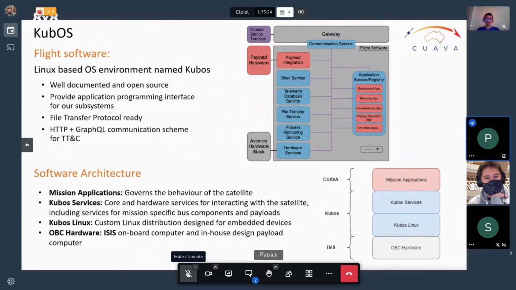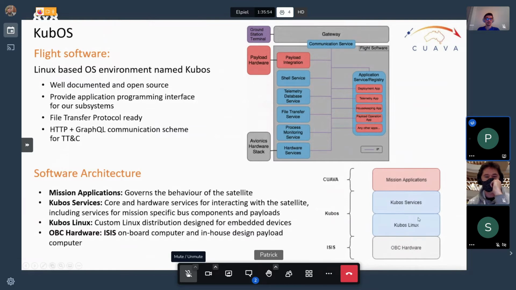The software architecture is built in a way that we wrote our mission applications. They're made by us. The core services to interact with the satellite are built by KubOS on top of their Linux distribution.